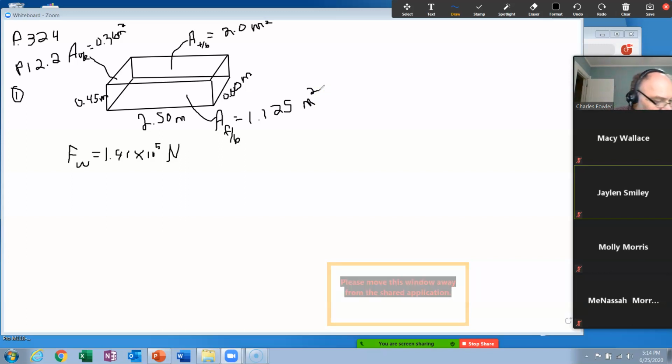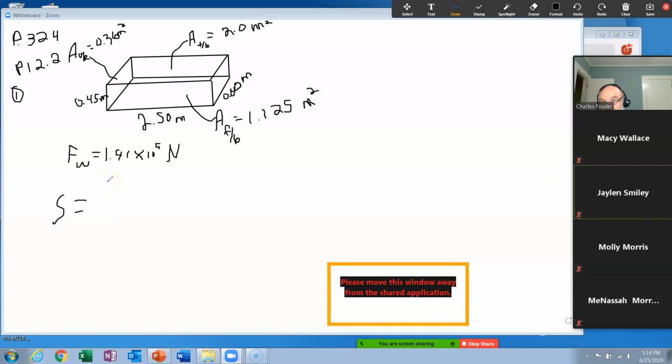Okay, now what they're asking for here, the stress in kilopascals exerted by the crate on the floor in each of the three possible positions. Now this first one that I have here is the top bottom, because the bottom's on the floor here. And what is your stress? Your stress is force per unit area.